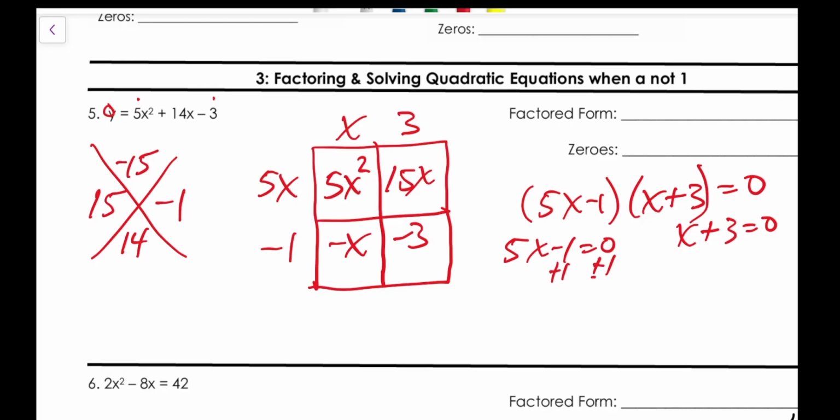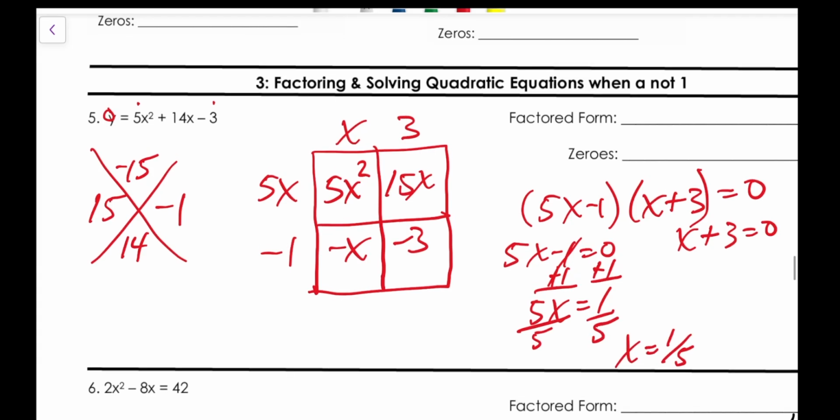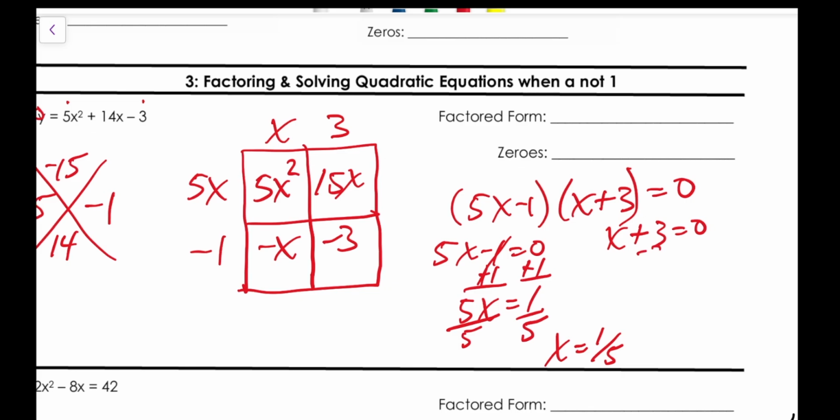Add 1 to both sides and divide by 5. So there's one answer. X is 1/5. And here's our other answer. X is negative 3. So this one and this one.